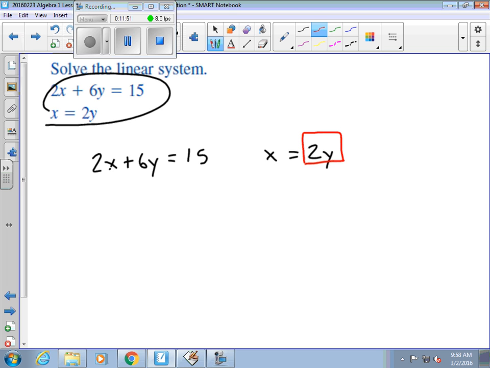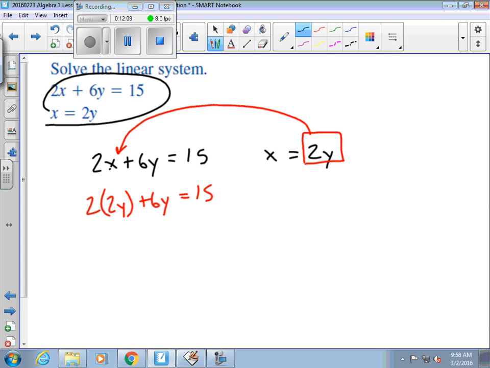What that means is in the other equation, take 2y and in place of x, substitute it in. 2 instead of times x, 2 times 2y plus 6y equals 15. 2 times 2y we know is 4y plus 6y equals 15.